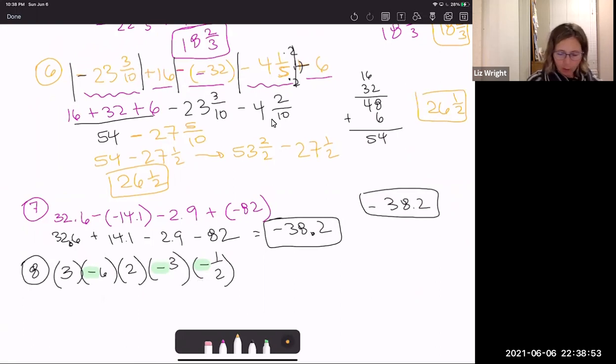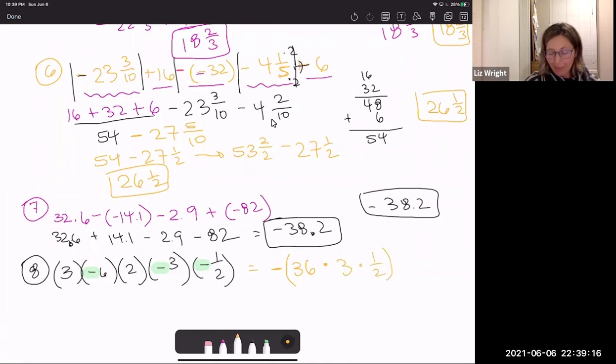Okay, so as I'm thinking about this, my answer is going to be negative. And then maybe we just go straight across. 3 times 6 is 18. 18 times 2 is 36. And then I still have times 3 and times 1/2.